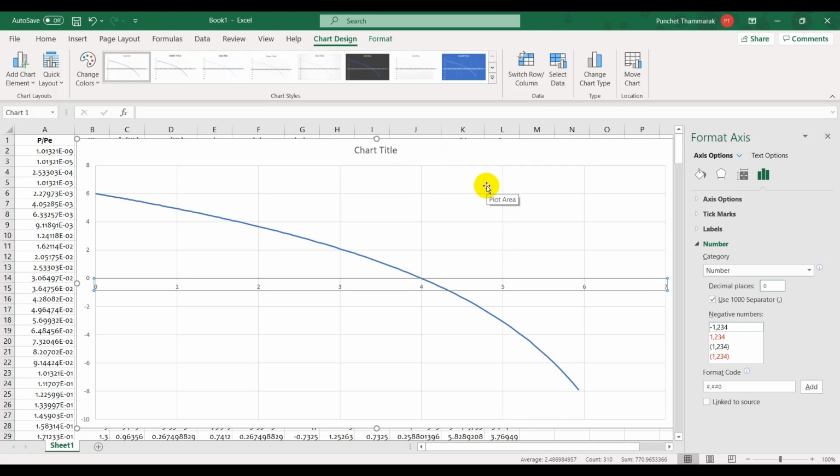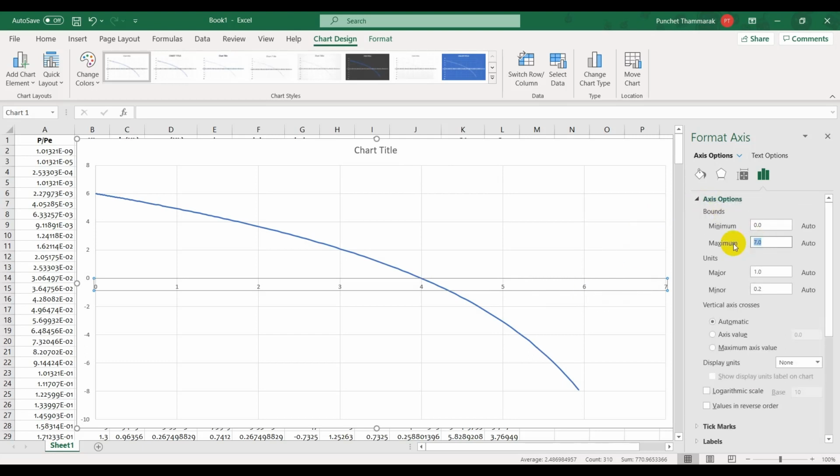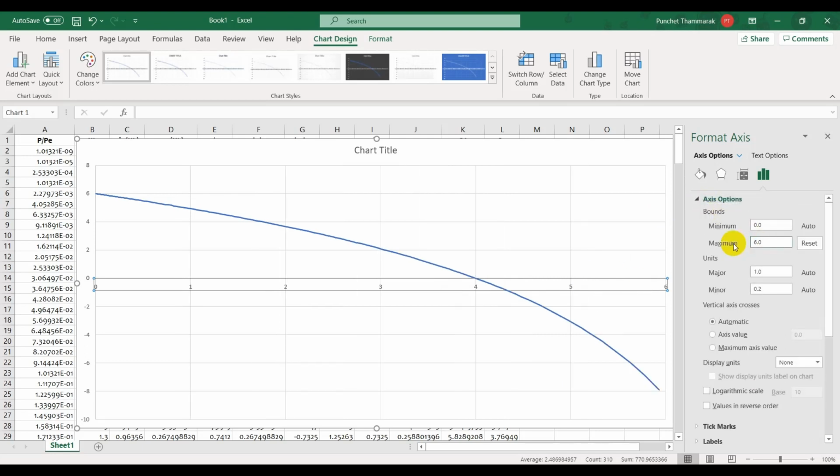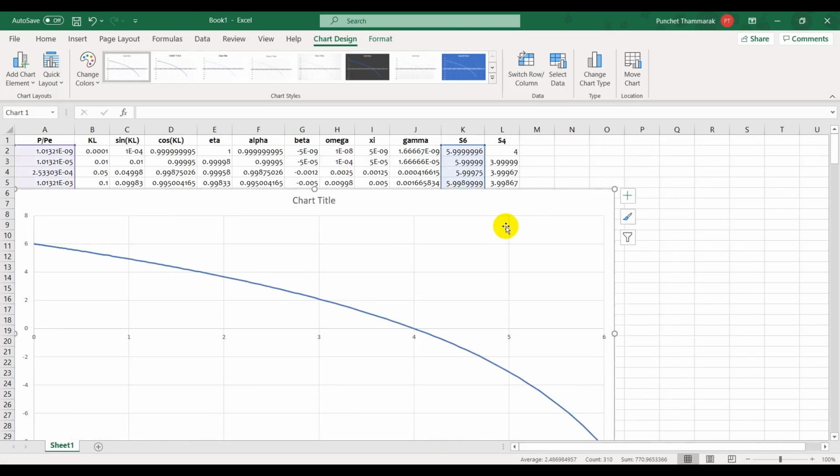The program just gives you automatic values, and if the extent is up to 6, then you just need 6. I don't know why we keep that space in here.